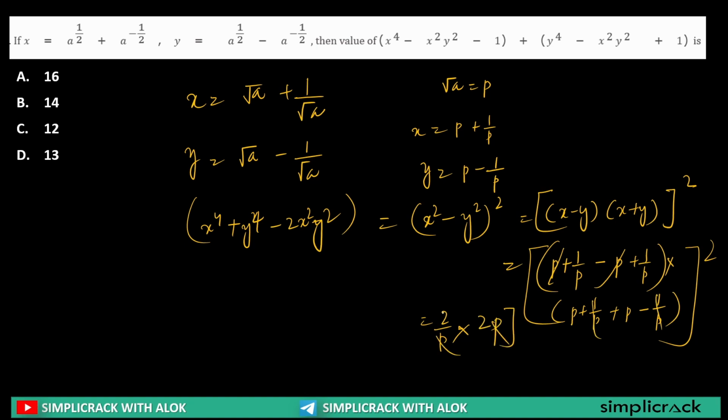So p will cross out, and it will be 2 into 2 squared, that is 4 squared. You just need to understand how to solve this question, and this is how you should be solving it.